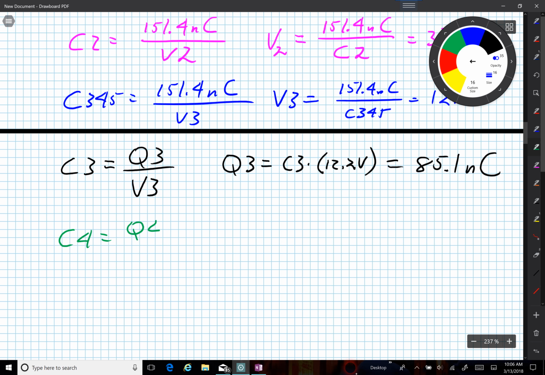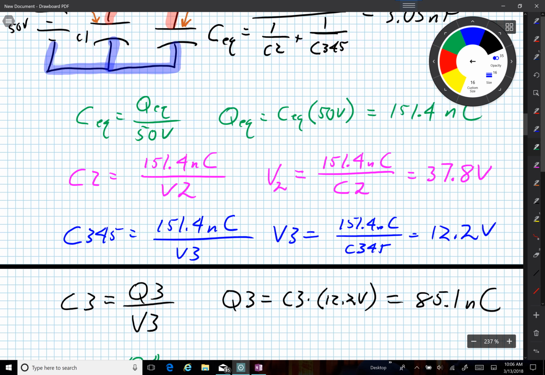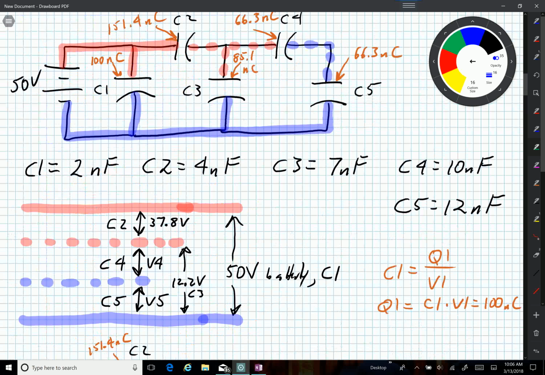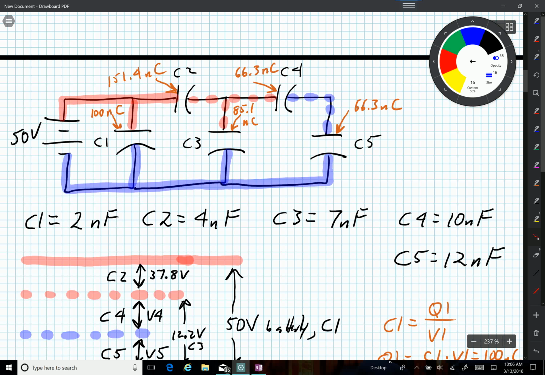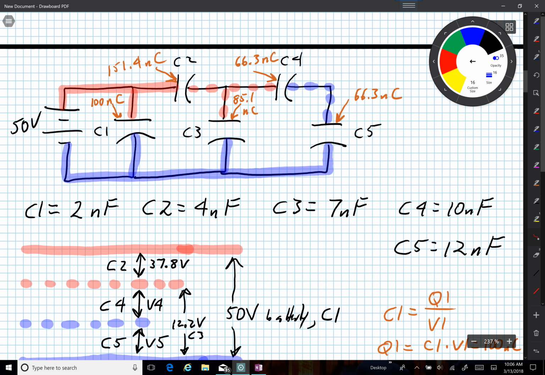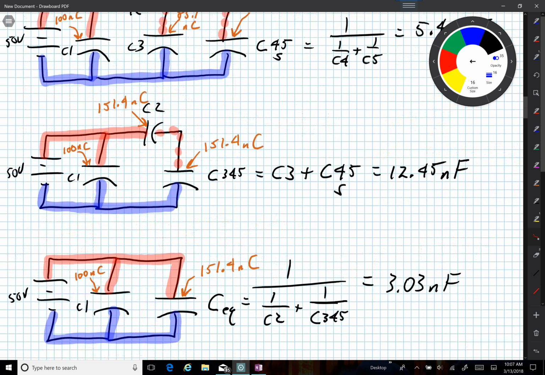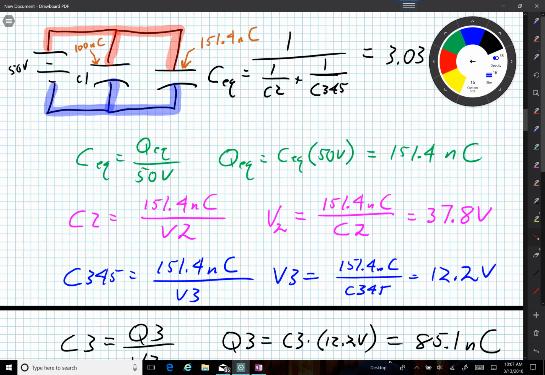C4 equals Q4 over V4, right? And the V4 is what I don't know. So V4 is going to equal Q4. How much was that charge on C4? Let's go back up here and look. On C4, I have 66.3 nanocoulombs. That's my Q4. So we'll put that in here, 66.3.